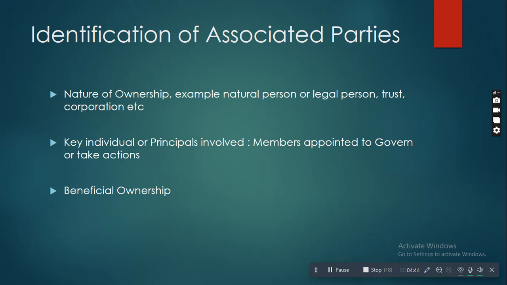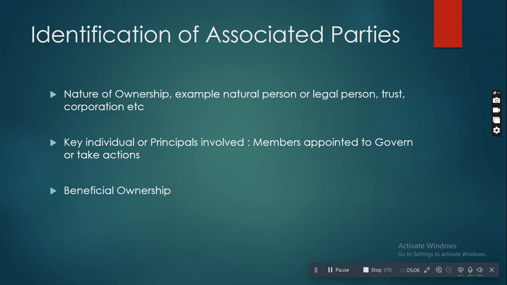In this stage, we will do the same checks: the full name, date of birth, then country of residence. We'll try to get a letter from the company, where they have signed and stated that these are our directors and these are our representatives.